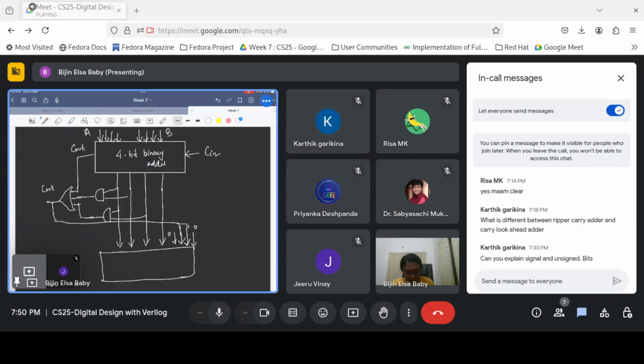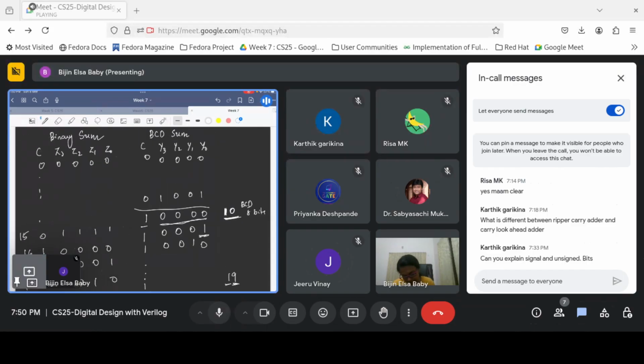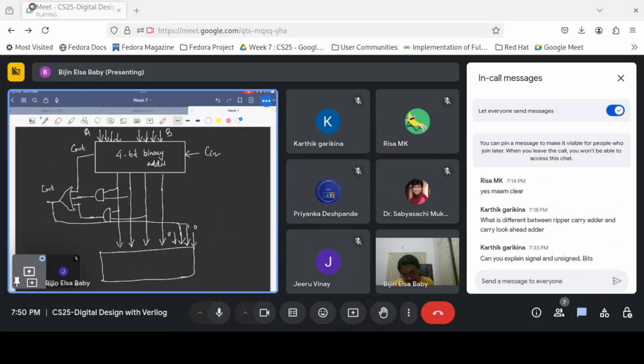So from this, for binary numbers 10 to 19, you will have a carry and you need to add 6 for that. So in this way, we can construct the BCD adder and the binary adder.